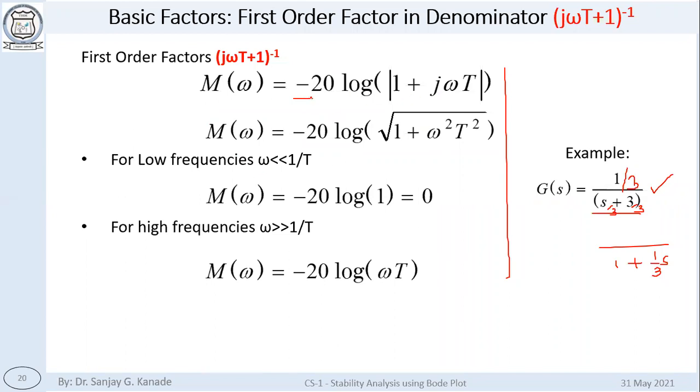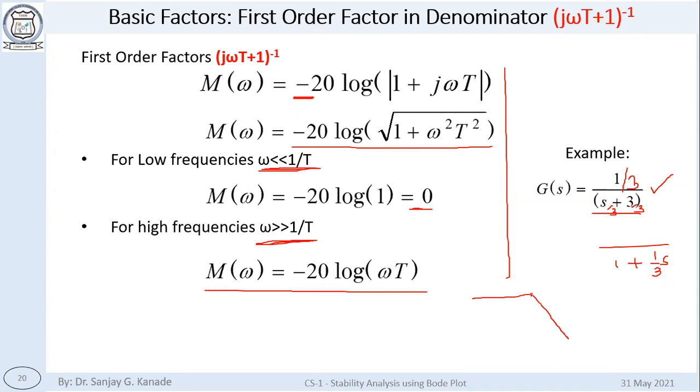Okay, so in the analysis the formula is the same. Just here we have the minus sign, and it is minus 20 log of square root of 1 plus omega squared t squared. When omega is quite small, we again have gain equal to 0. And when the frequency is large, the magnitude is equal to minus 20 log of omega t. Which means the shape is just reversed.